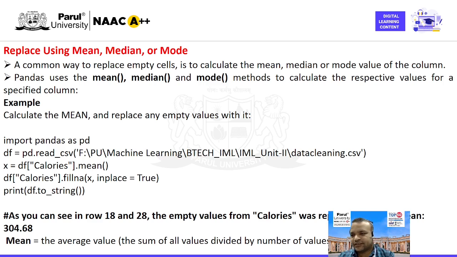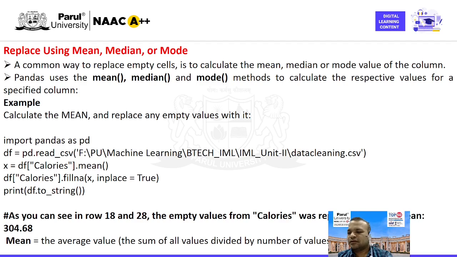As we discussed, we use the pandas library here. Import pandas as pd. Pandas is used for data manipulation. df is a data frame. If you want to change the name you can, no issue, but we are considering df only here. df equals pd.read_csv.